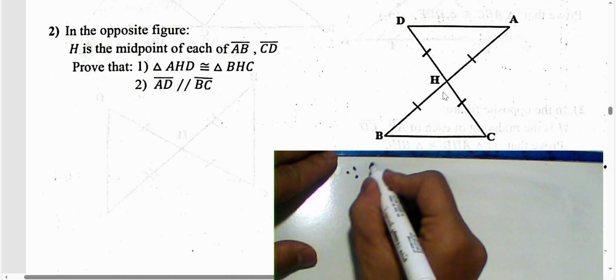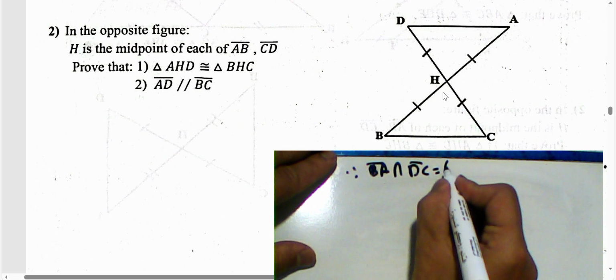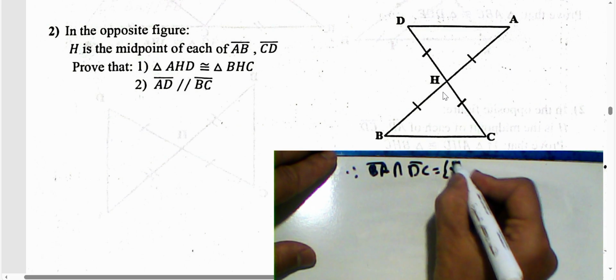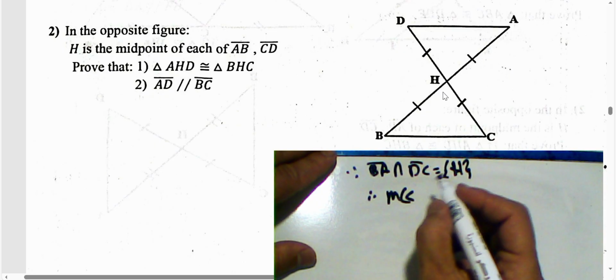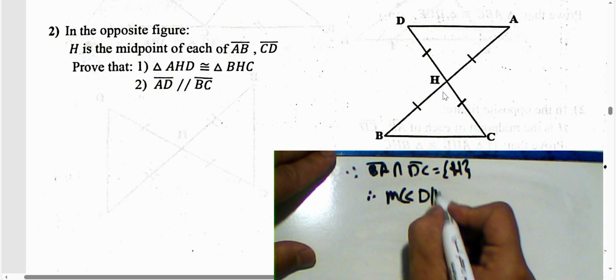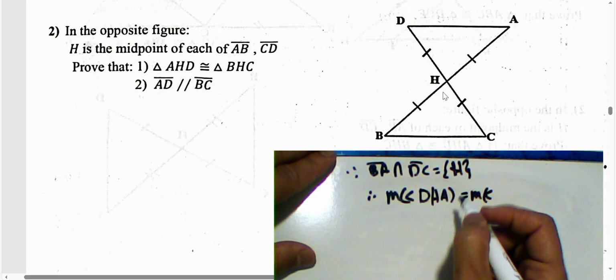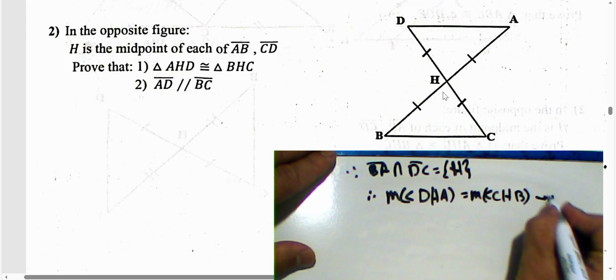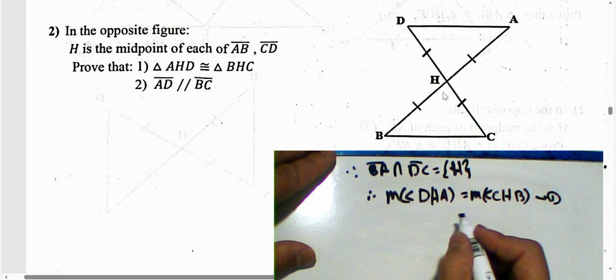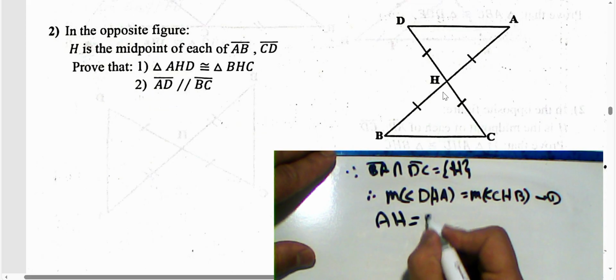You can write such that AB intersection with DC at the point H, then the measure of angle DHA is equivalent to the measure of angle CHB. It's relation number 1. And we have also AH is equivalent to BH.